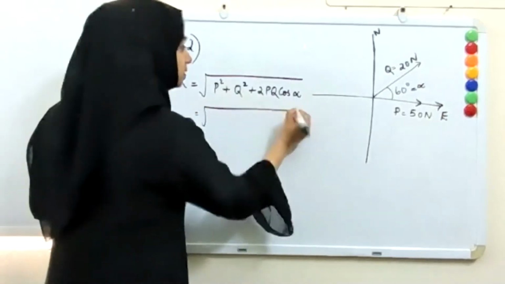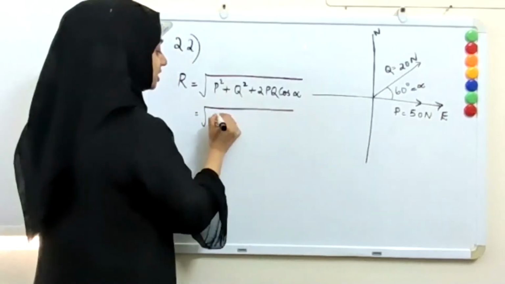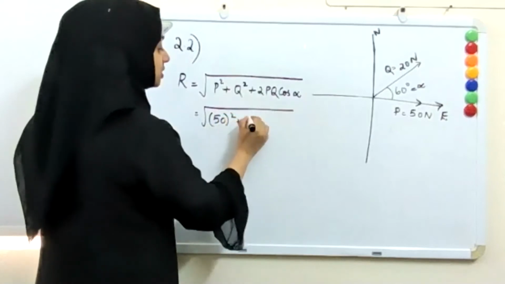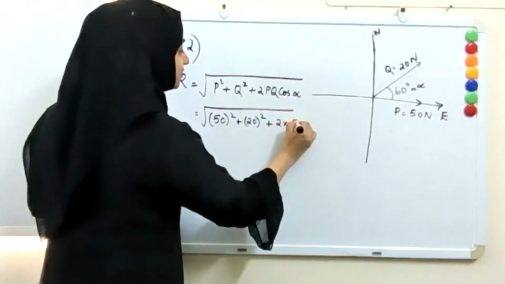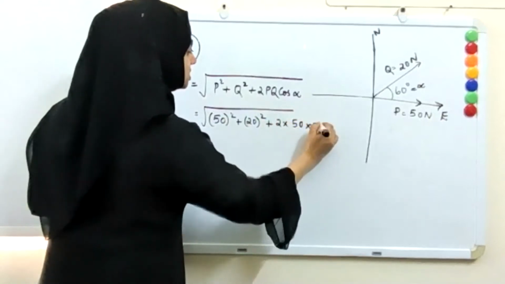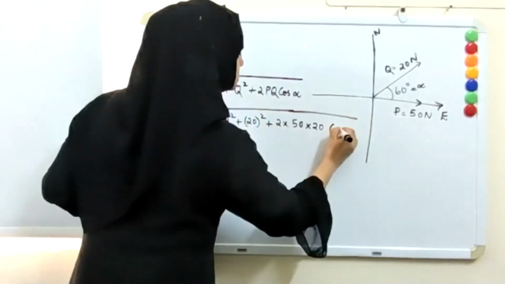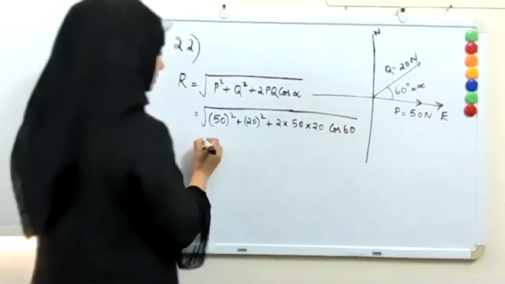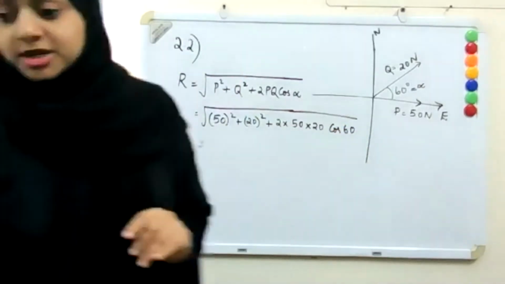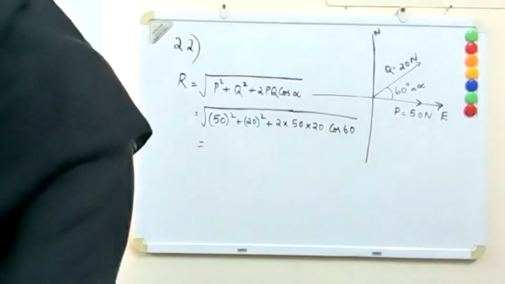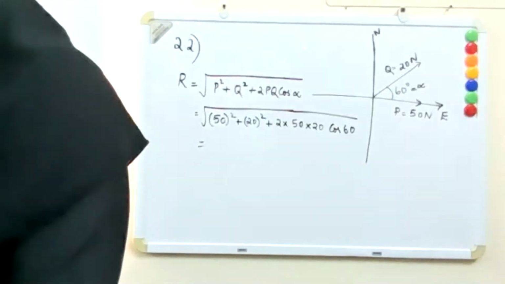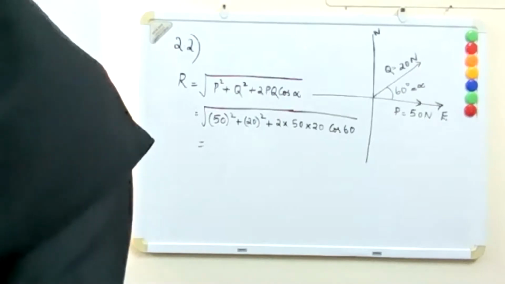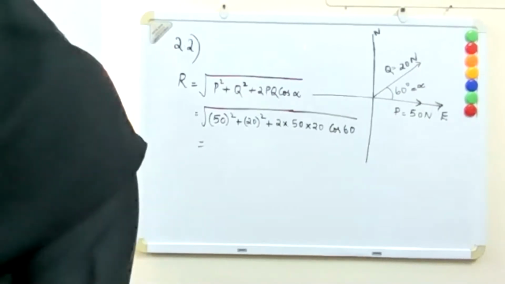So that's equal to root over 50 square plus 20 square plus 2 times 50 times 20 times cos 60. You can use your calculator to find this out. I'll just check the answer directly to not waste time. So you can do this with the calculator.